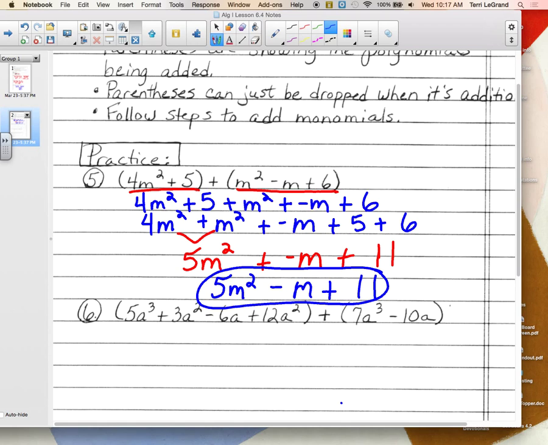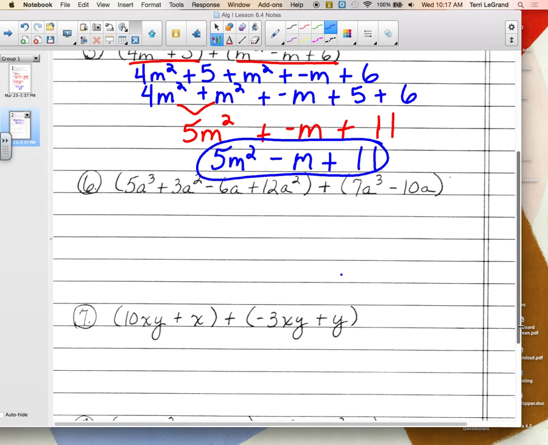Shouldn't it be a cubic trinomial? Why would it be cubic? Because of the m. What power would it have to be if it was cubic? No. The degree of the polynomial is the degree of the largest degree monomial. So 5m squared, a negative m, and an 11.